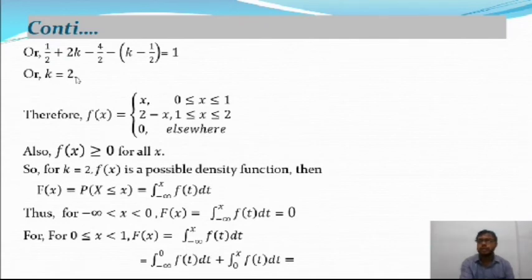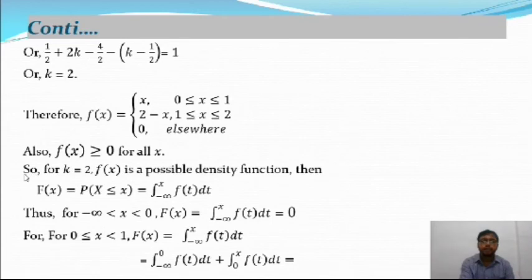After putting the value 2 in the density function, f(x) is equal to x in the interval 0 to 1, 2 minus x in the interval 1 to 2, and 0 elsewhere. This is the probability density function where k is equal to 2. Also f(x) is greater than or equal to 0 for all values of x. So for k equal to 2, f(x) is a valid density function.